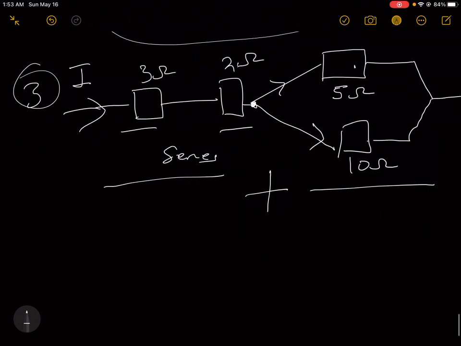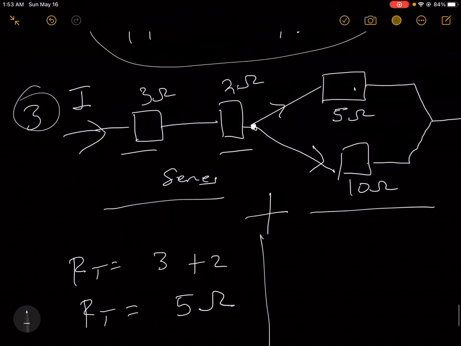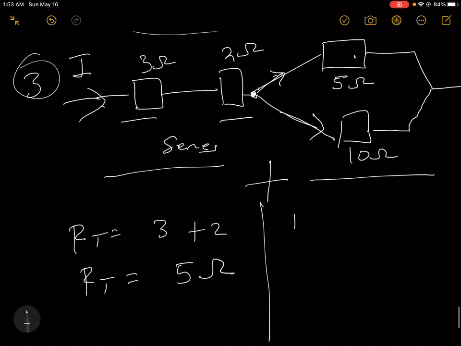Simple. So now solving this in series first, RT will be 3 plus 2. So we have RT equals 5. Now this is in parallel because there's a division of current that flows here, then divides. So solving this, 1 over RT, that's 1 over 5.